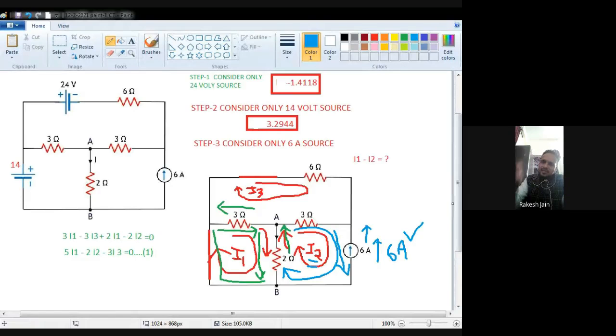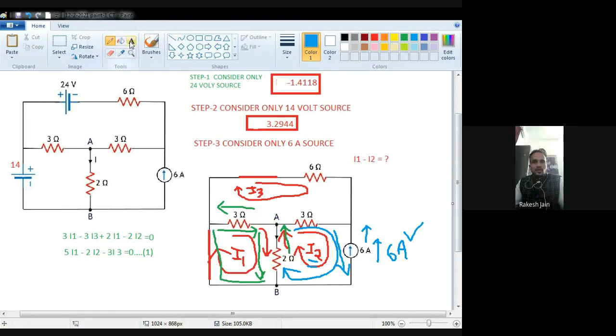So let's suppose this is my first mesh. My current is I1. Focus on that I1 is my answer only, in a particular step. Don't see the left hand side.